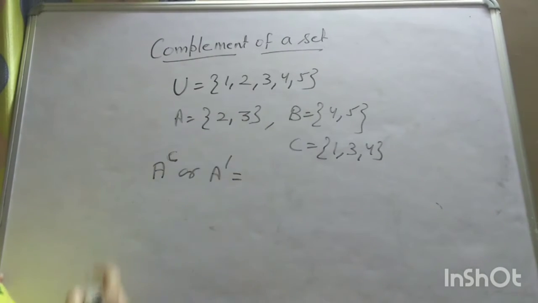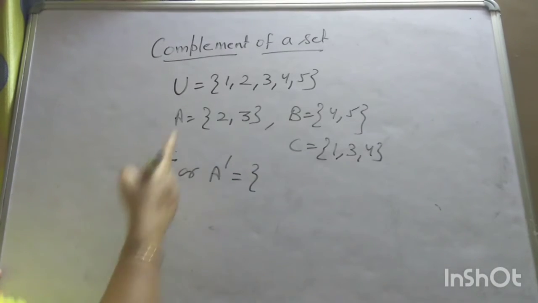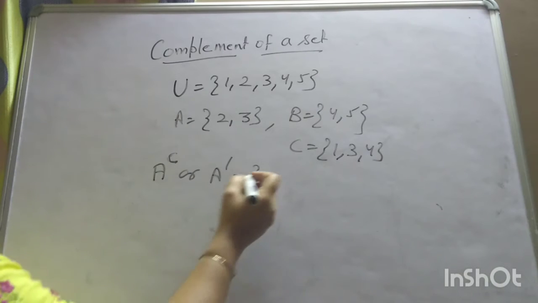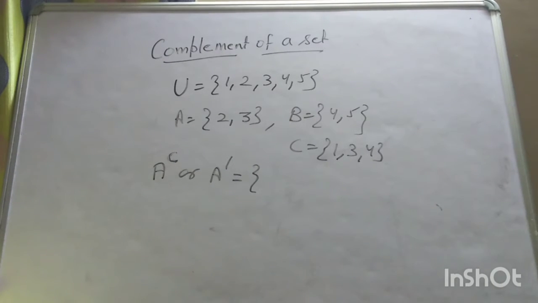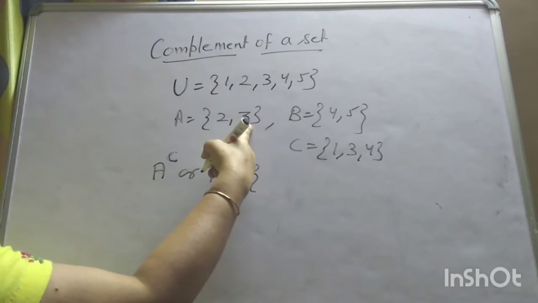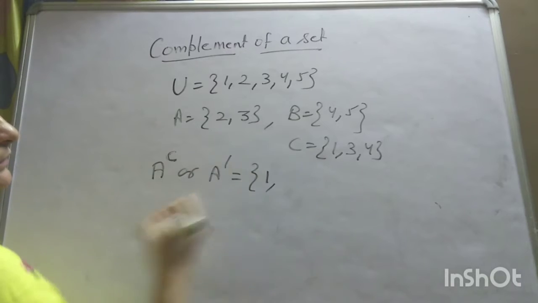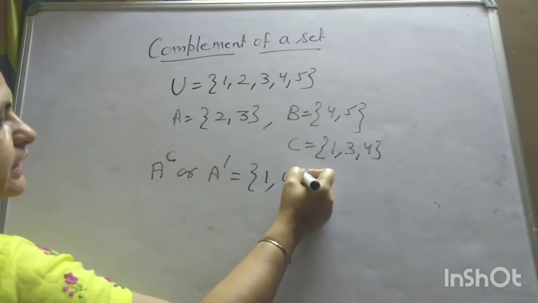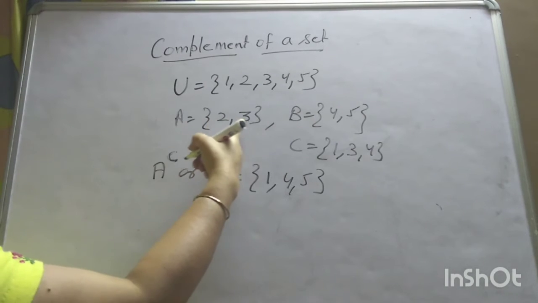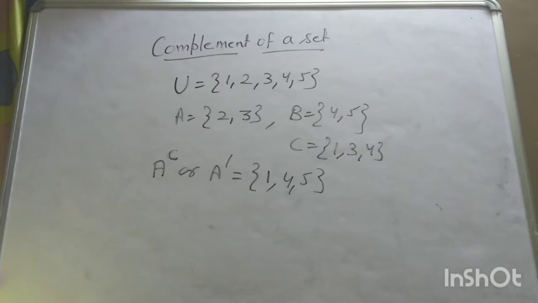So what is A dash or A complement? We have to write all the elements of universal set, but we have to leave the elements which are present in set A. So we will write 1, 4 and 5, because in set A we have elements 2 and 3.